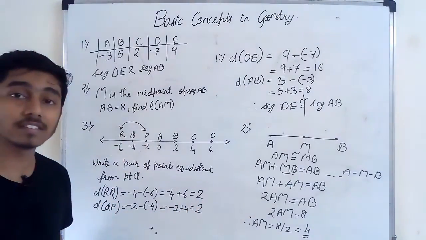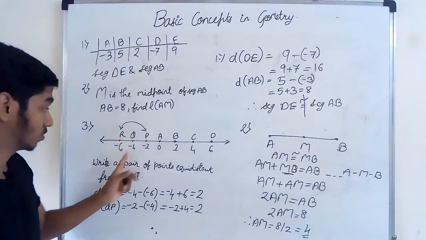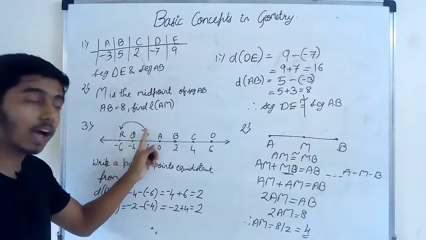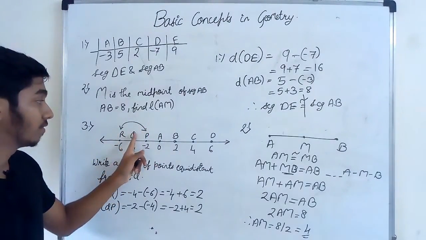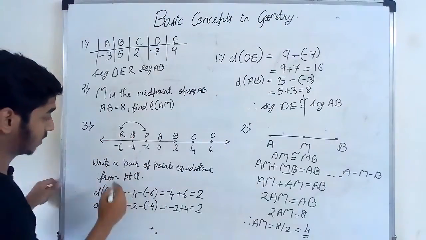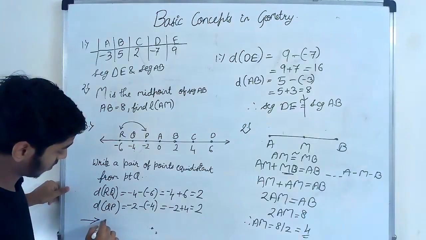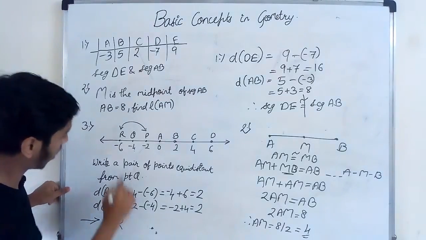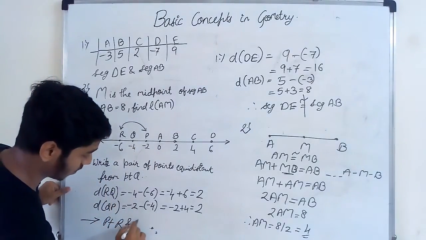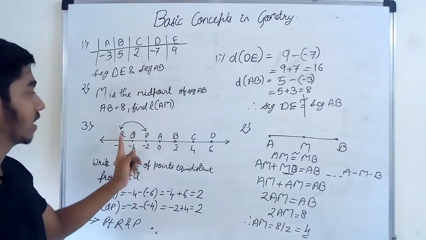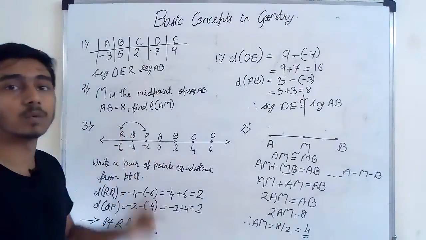Therefore, what can we say for this now? That point R and point P are at equal distance from Q. So we can say, what is the pair of points? The answer will be point R and P. Point R and P are at equal distance from Q.